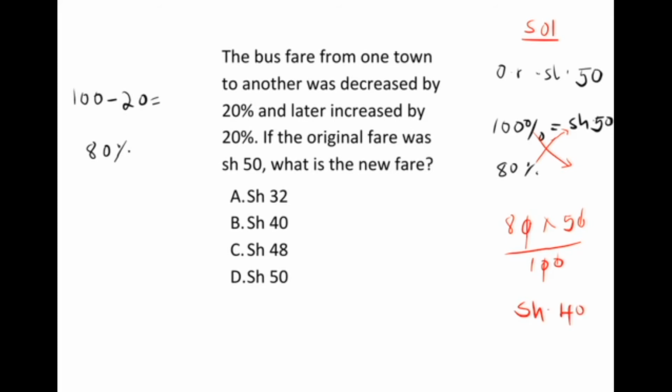Therefore, after the decrease of 20%, the fare became 40 shillings.